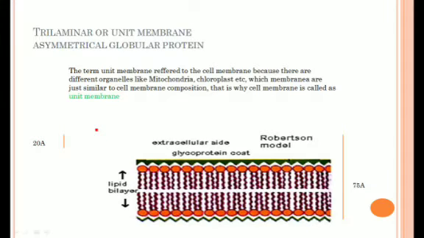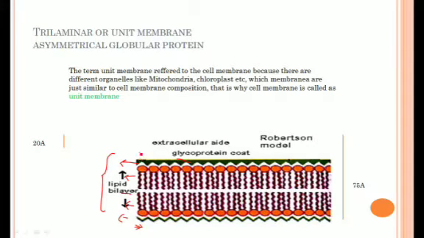In this membrane, you can clearly observe the presence of a protein layer on the upper and the lower side. In between there are two layers of lipids, meaning a lipid bilayer. The external side has a glycoprotein coat, and the lower side is quite different.